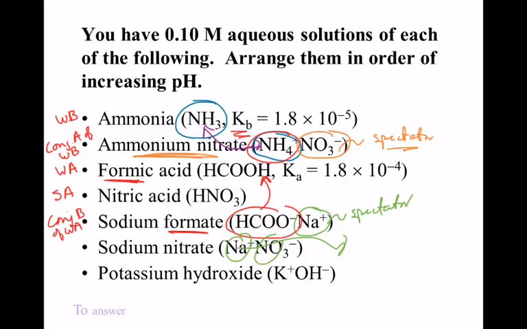I'll give you a hint. So they're spectators. If you take solid sodium nitrate and dissolve it in water, it'll be neutral. There's no effect. No acid-base chemistry. So this is the only one that's actually neutral.